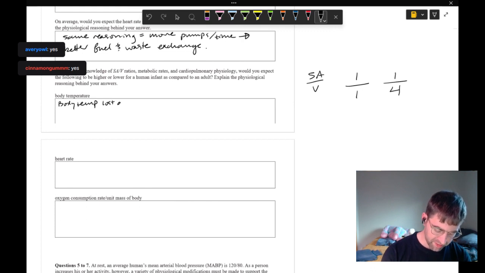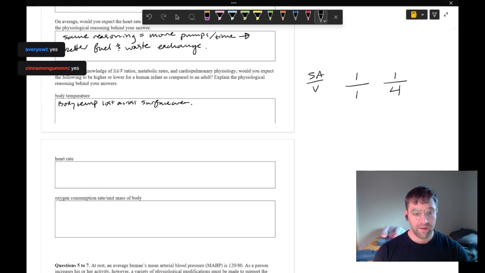So body temp is lost across surface area, because an infant has a much higher surface area per volume ratio than an adult. An infant will tend to lose heat much more rapidly than an adult.